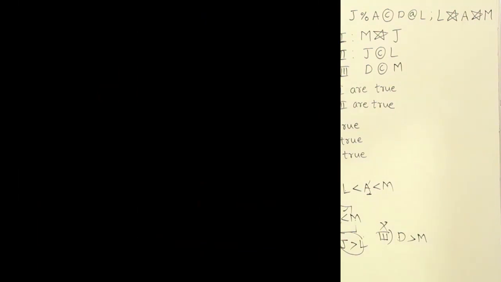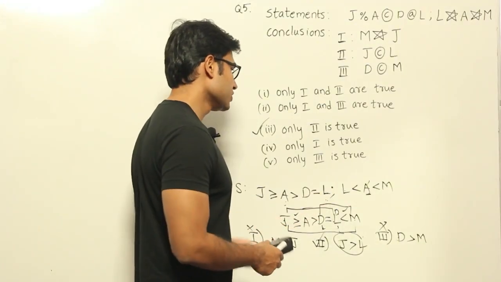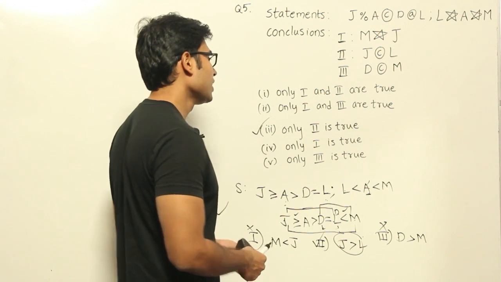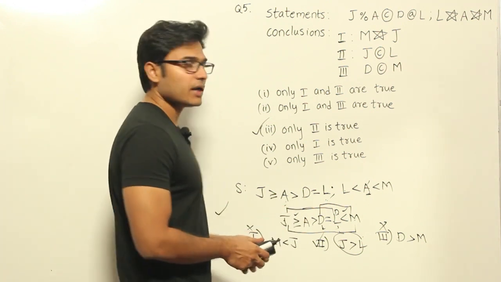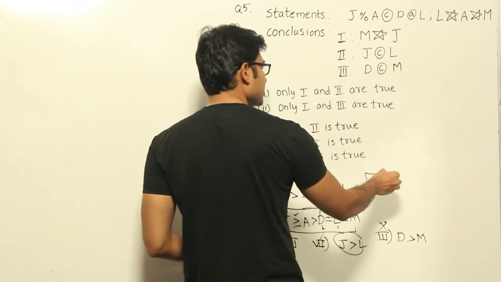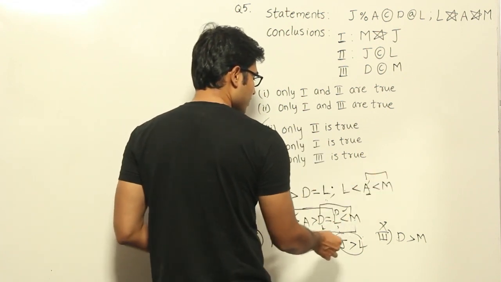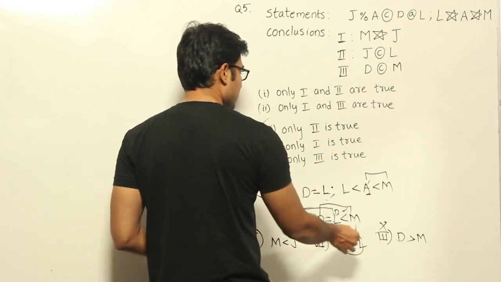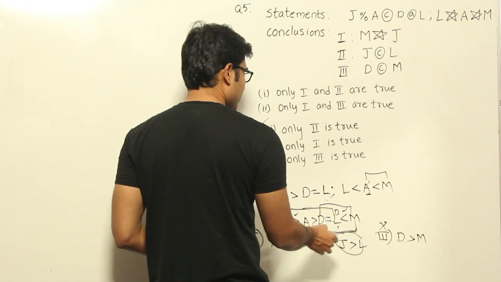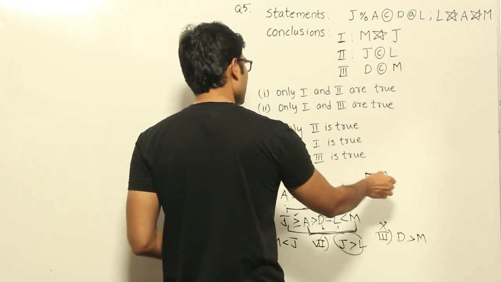Got it? Now while combining these two statements or any two statements, you should be careful about one thing. If the relationship between two things is already given, let us say the relationship between A and M is given here. Now after combining, you might feel that A and M are not related, right? But here if you see it, A and M are related.